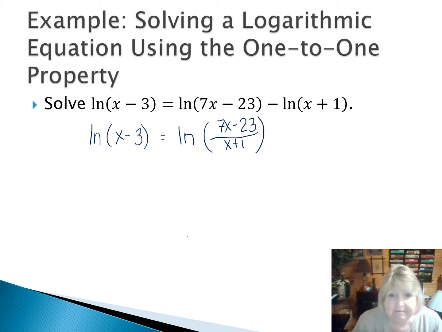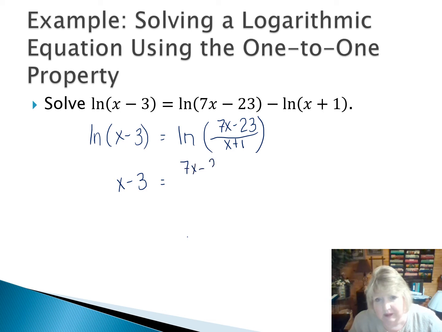Okay? Because I have the natural log on both sides, the object there, the of, must be equal. So x minus 3 will equal 7x minus 23 over x plus 1. So I want to multiply both sides by x plus 1 to get rid of fractions.